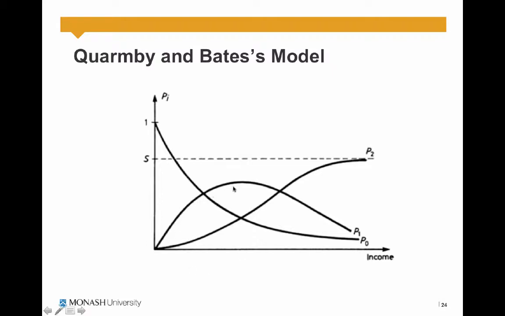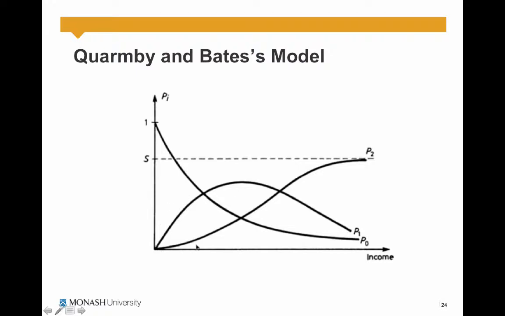The probability of having one car has an interesting pattern. As the income of the household increases, the probability of buying one car and moving from zero cars to one car increases, but after a certain point, if the income increases, the probability of remaining a one car household actually goes down because you're more likely now to have two or more cars.